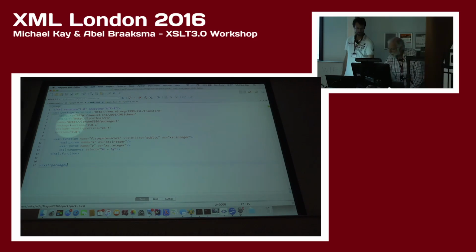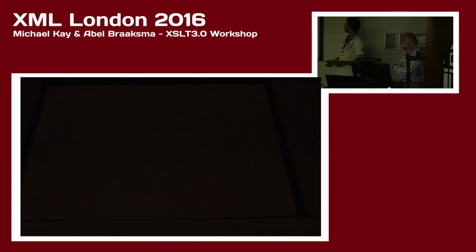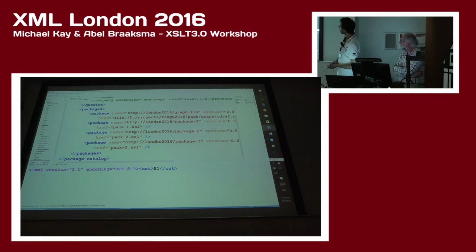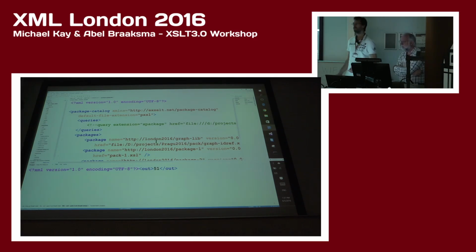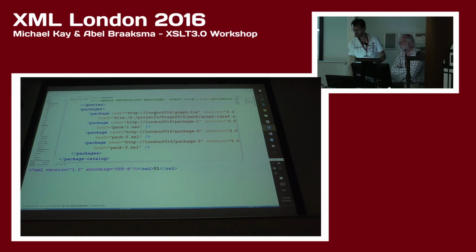Maybe a good moment to show how a catalog can look. So when you use Saxon, if you want to dereference those URIs of your packages, you have to tell Saxon where these packages are. We have defined a package catalog, which is not part of the specification. It's processor dependent. And in this package catalog, you can say, for instance, search for anything with .pxsl for XSL packages, or you can give exact locations based on the package name.